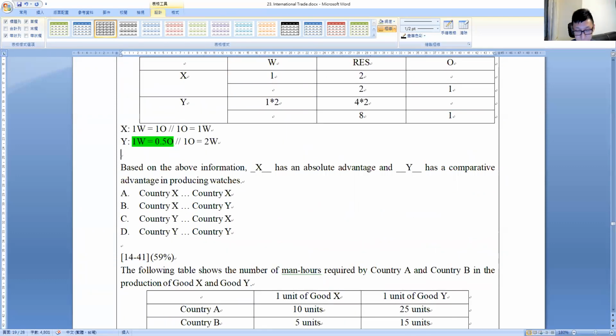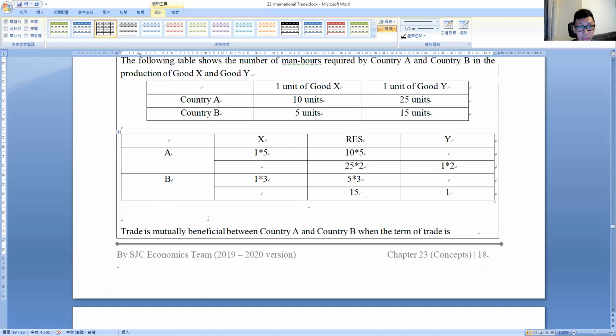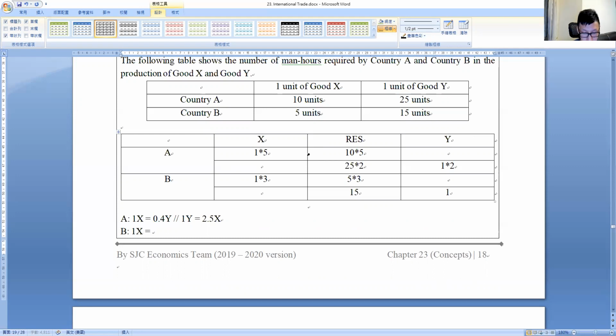Let me zoom out a bit. For country A, 1x equals 2 divided by 5, which is 0.4y, or 1y would be 2.5x. For country B, it would be 1x equals 0.33y, or 1y equals 3x.